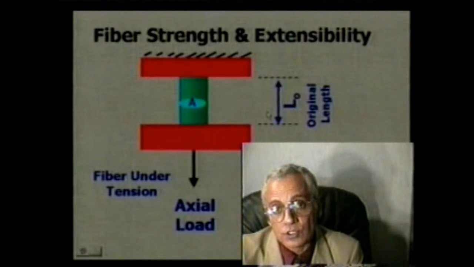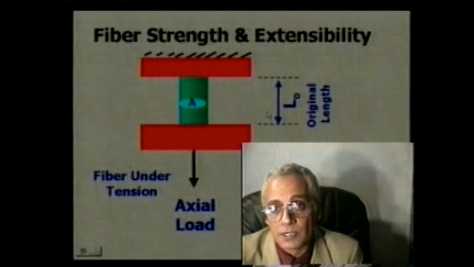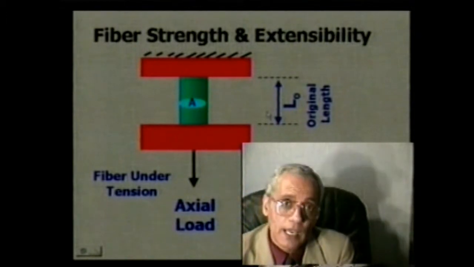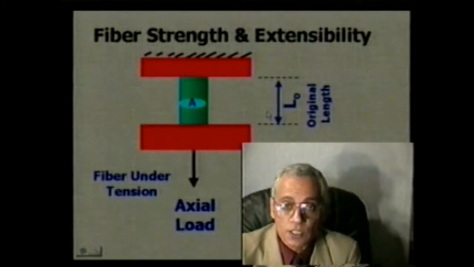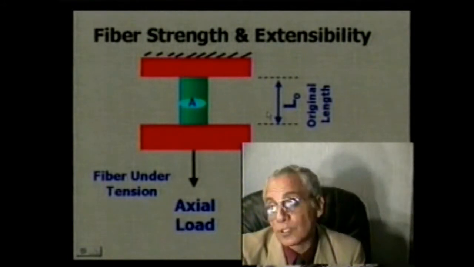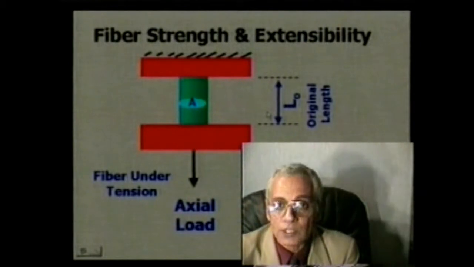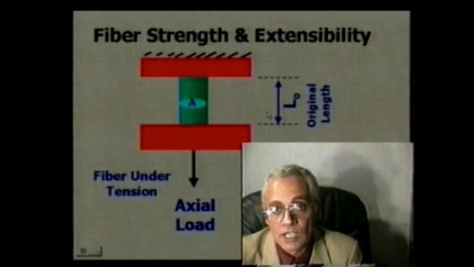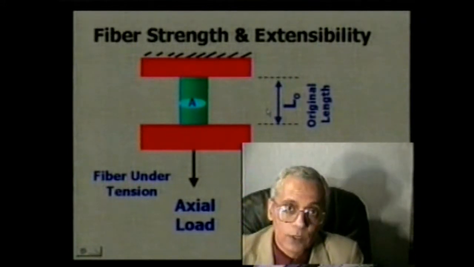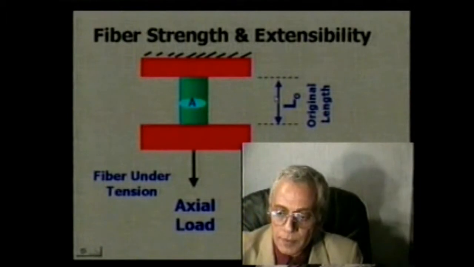As we continue stretching the material, ultimately the material is going to take no more, and it will rupture or break. This is the general phenomenon that we see in any tensile test, and I don't need to elaborate on that any further, because all of you have seen a tensile test for any one of the familiar textile materials, fibers, yarns, or fabrics.